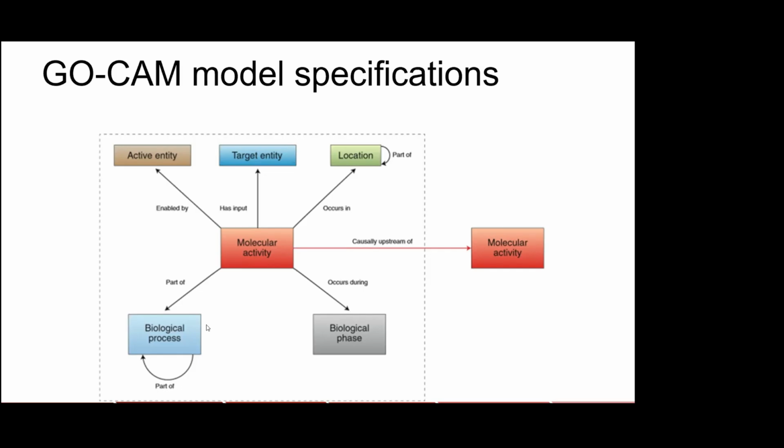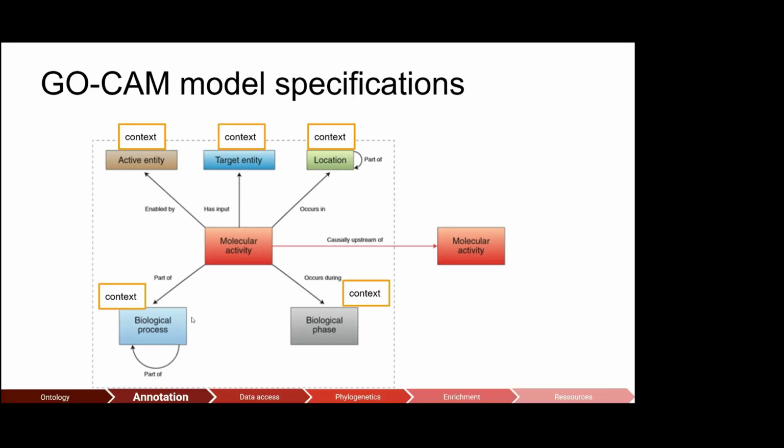So every statement in GO-CAMs is a standard GO annotation. Okay, molecular activity is represented by a molecular function GO term, and so on. But then, since all these GO terms, standard GO annotations, are linked together, it gives context for every single step. You have more context than a simple GO annotation.